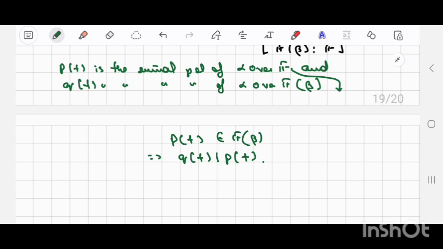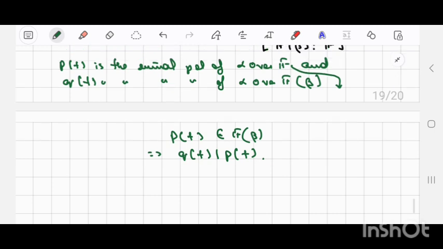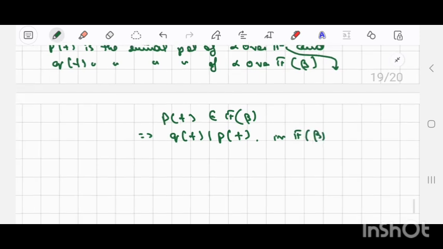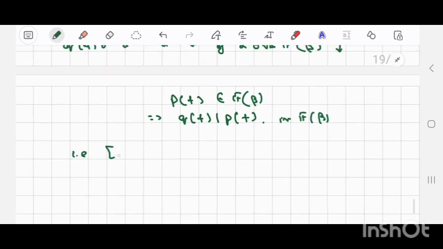Clearly, because the minimal polynomial is the least possible monic irreducible polynomial. So if P(t) is a polynomial over F which admits alpha as a root, it is also a polynomial in F beta having alpha as a root, and Q(t) is the minimal polynomial of alpha over F beta, so Q(t) must divide P(t) in F beta. In any way, the degree of this extension must be less: the degree of F alpha beta over F beta must be less than or equal to the degree of the extension of alpha over F. Got it?